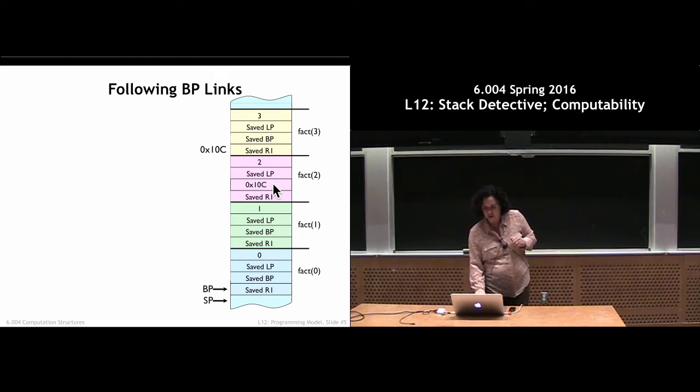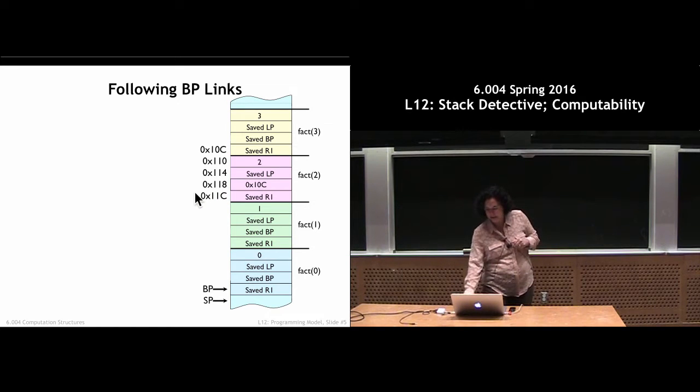Another thing you know is that each of these locations takes up 4 bytes. So if this address is 0x10c, then the next address is 0x110, then 114, 118, 11c, which means that my next BP is going to have the value 0x11c.